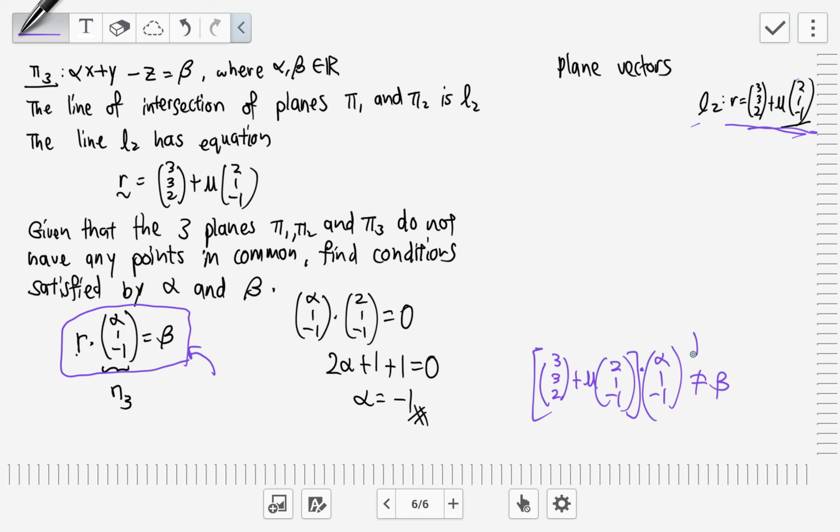And alpha we already know is minus 1. So (3, 3, 2) + mu (2, 1, -1) dot (-1, 1, -1) must not equal beta.